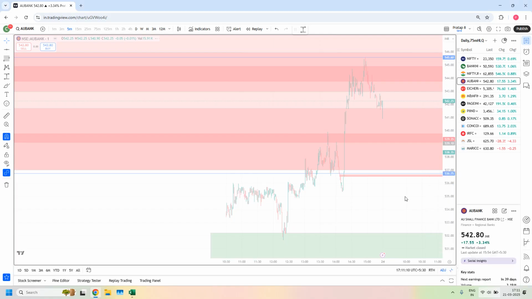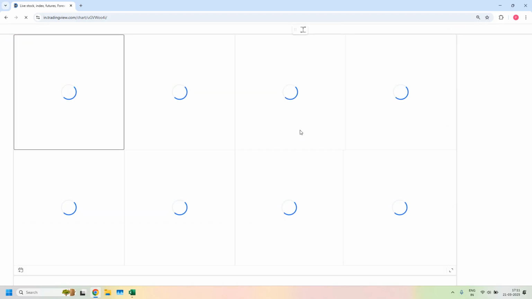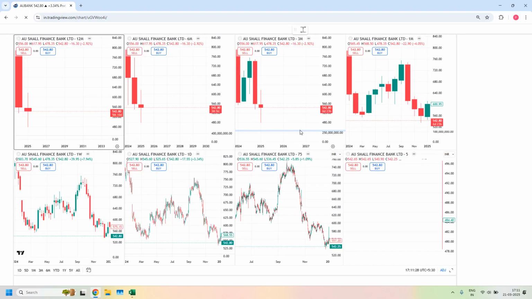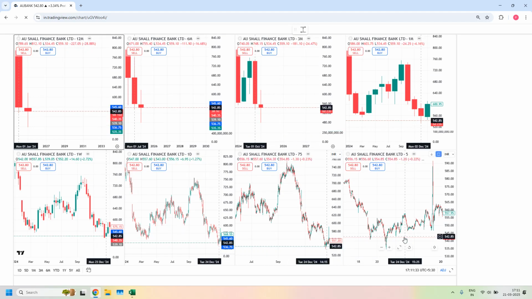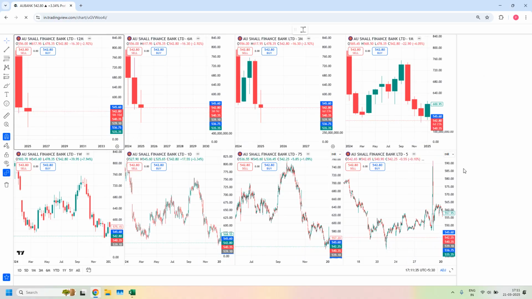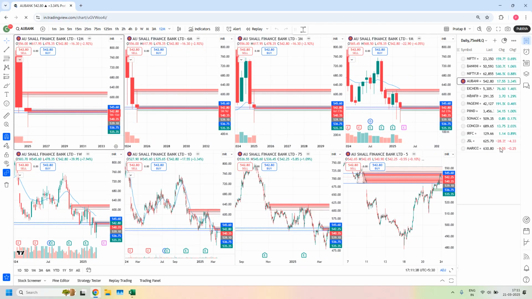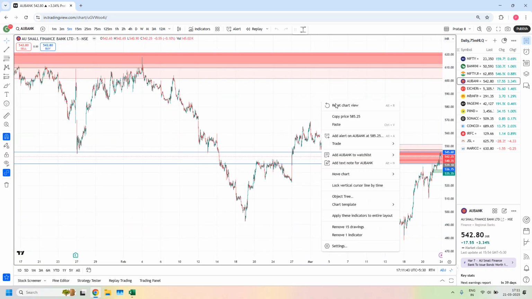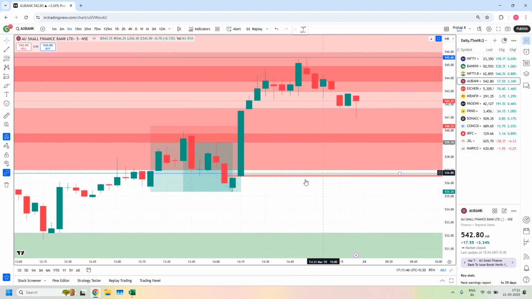Okay, mobile data is connected. How good is it? It's very slow. Okay, good.